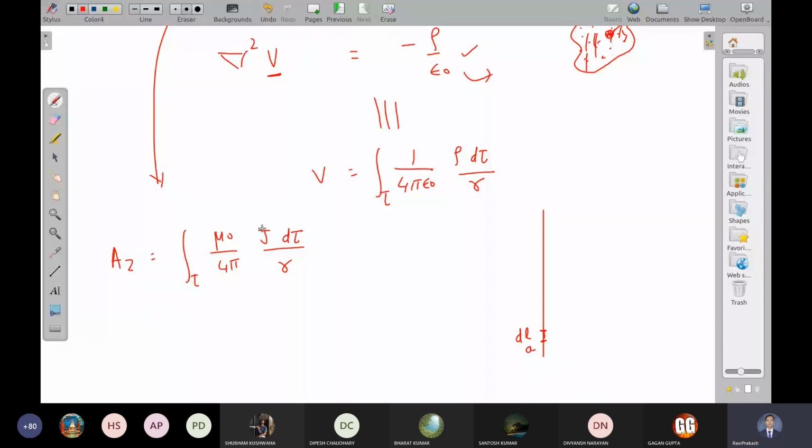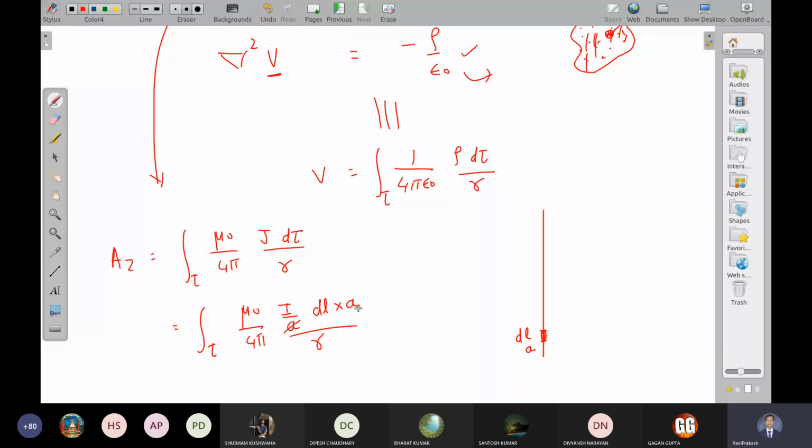J is equal to I upon area a. What is d tau? The volume taken by this small piece, length into area, upon r. So a cancels.